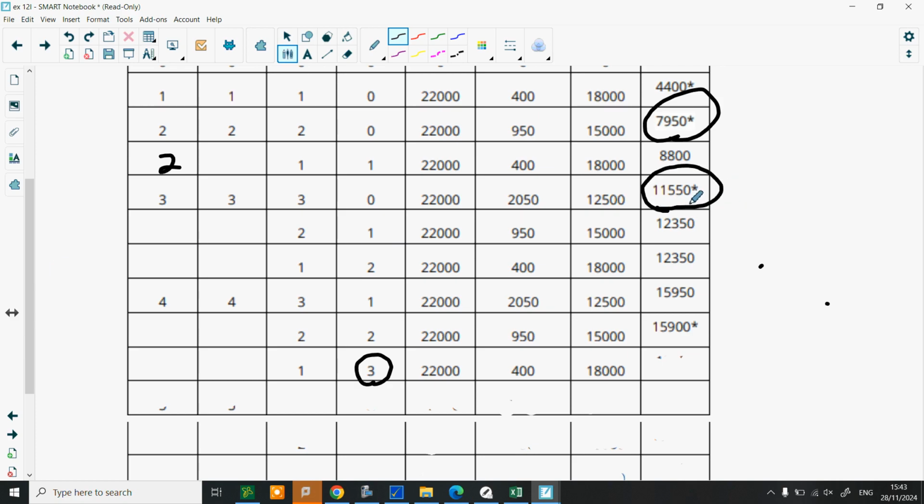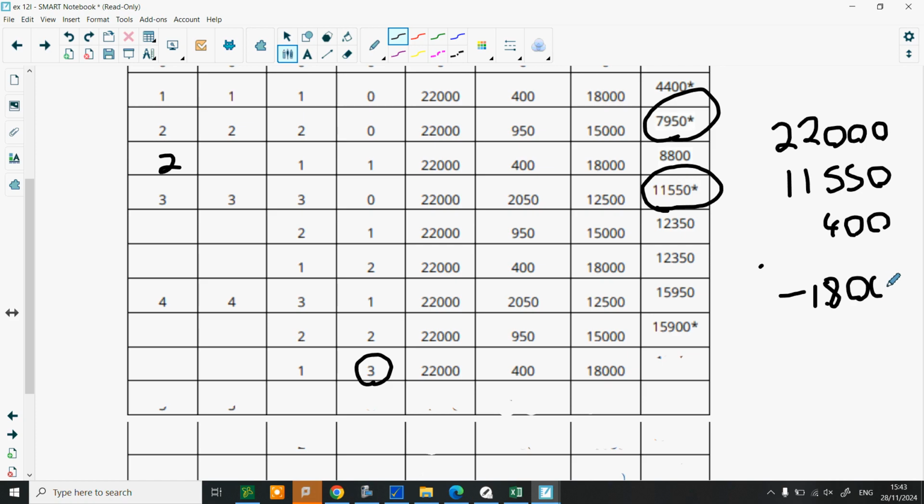Which one's the least expensive 3? That one there, isn't it? So it's going to be 22,000 plus 11,550 plus my 400 and take away my 18 grand. And what I'm hoping there is that this comes out as 15,950.